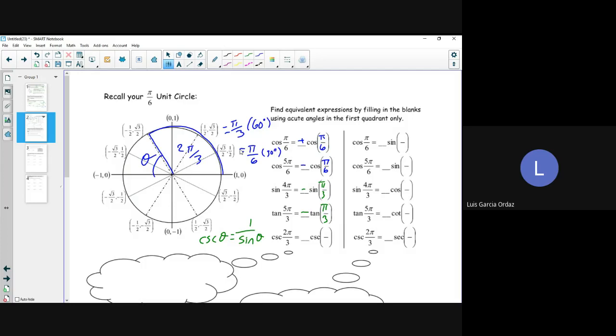And this is our, I shouldn't write theta, I should write beta. And this is our related acute angle. So is cosecant theta positive or negative in the second quadrant? Positive, because it's just a reciprocal of sine, and sine is positive. And what is our acute angle? Pi over 3.